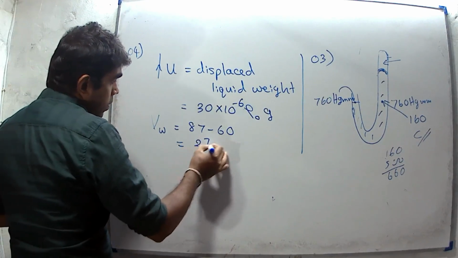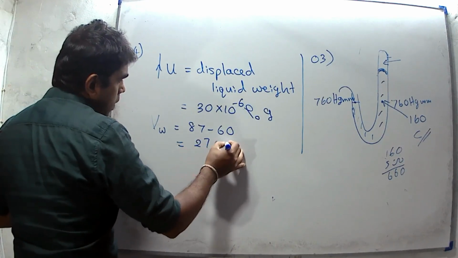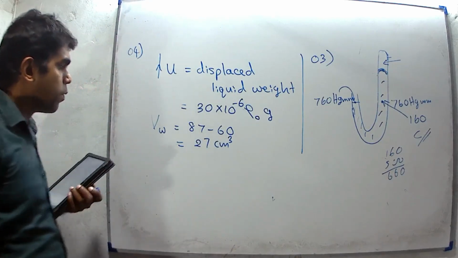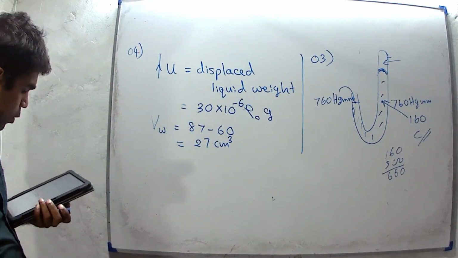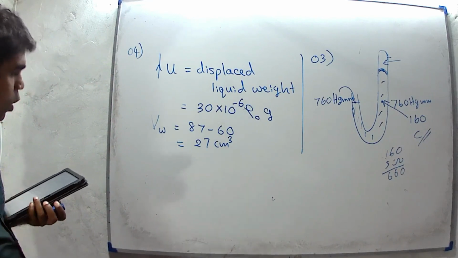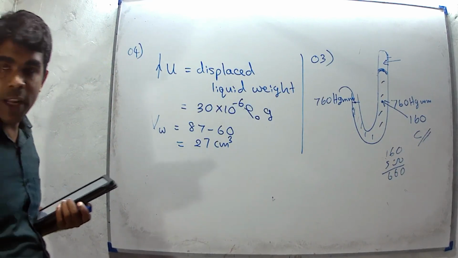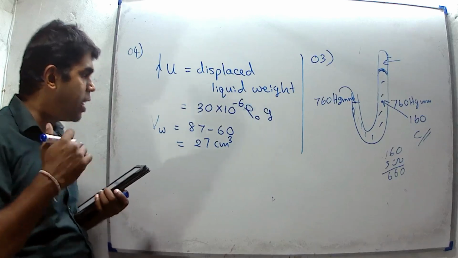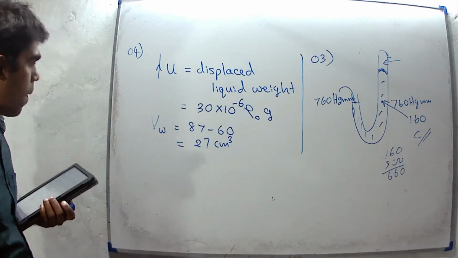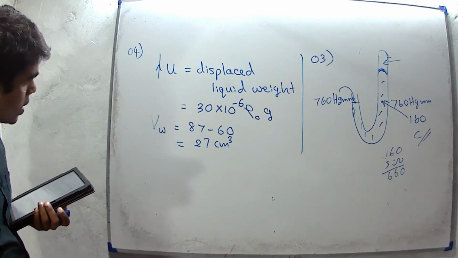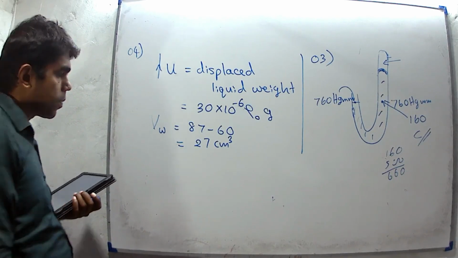Then 27 cubic centimeters. It is the water volume. Now we have to find the relative density of ice. We know that relative density of ice is density of ice divided by density of water.